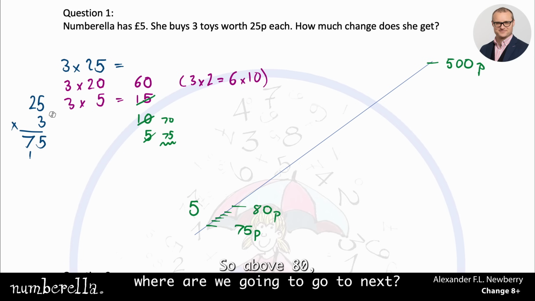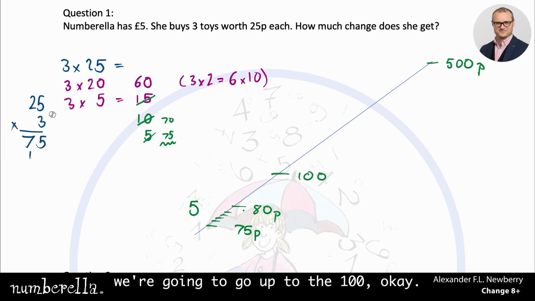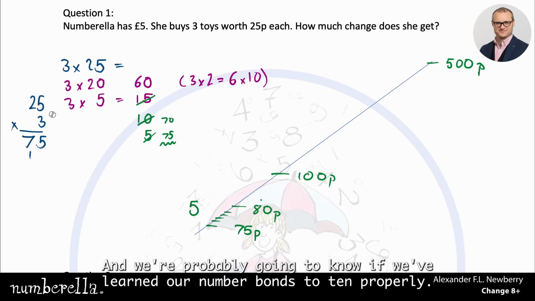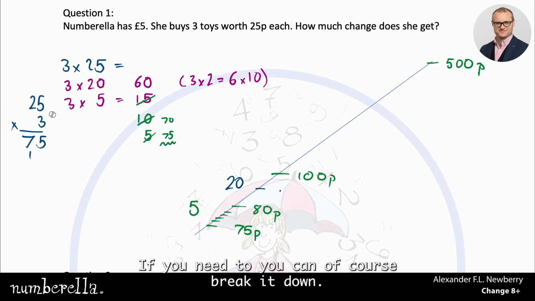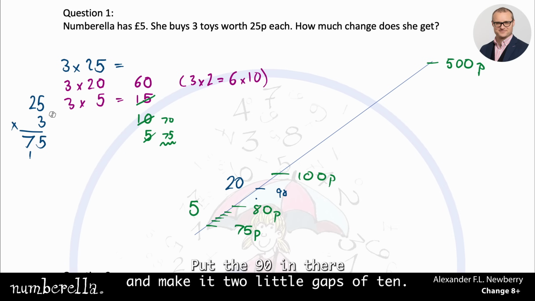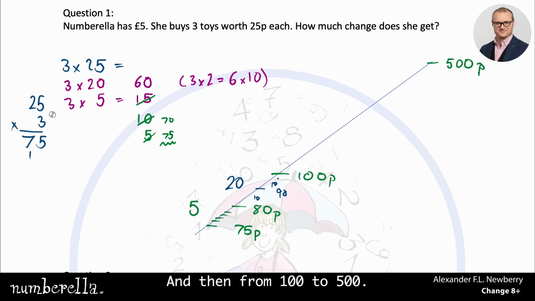Anyway, I digress. So above 80, where are we going to go to next? Well, again, unless someone is really uncertain, we're going to go up to the 100. Okay, and we're probably going to know, if we've learned our number bonds to 10 properly, we know that 8 plus 2 is 10, and so by extension 80 plus 20 is 100. If you need to, you can of course break it down, put the 90 in there and make it 2 little gaps of 10. And then from 100 to 500, how much is that?